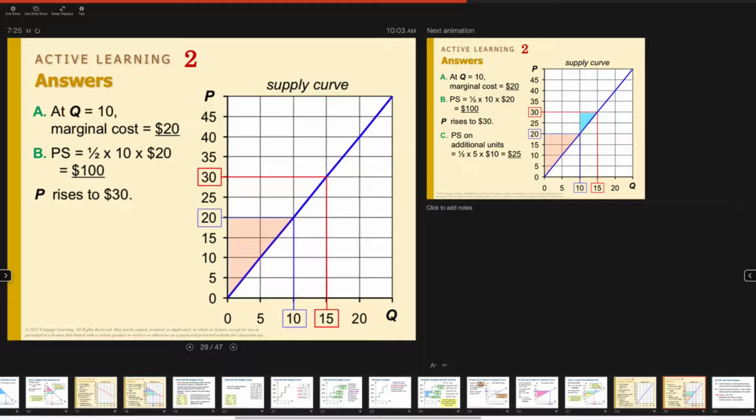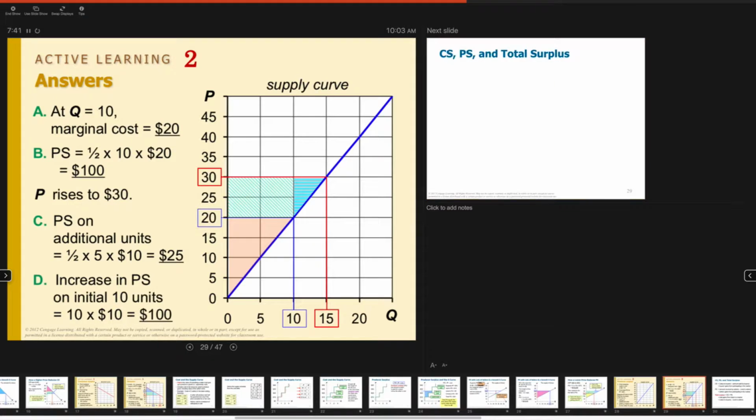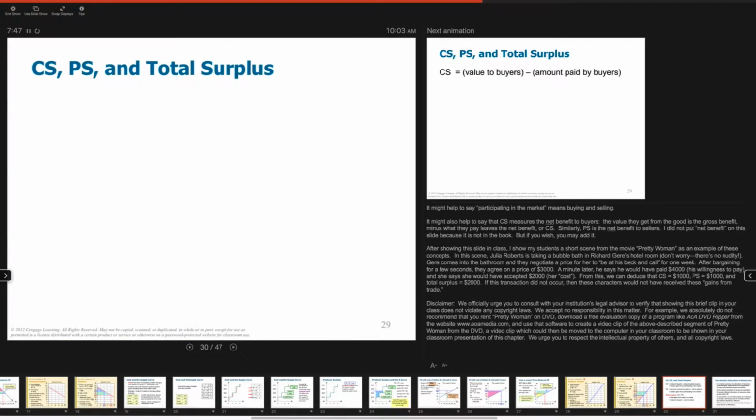It's that whole big triangle. So we pick up this rectangle and that little triangle, new people entering the market, and increase producer surplus due to the increase in price. Now, the producer surplus on the additional units is 25. On the additional price is 100, so our producer surplus goes up to 2.25. All right.